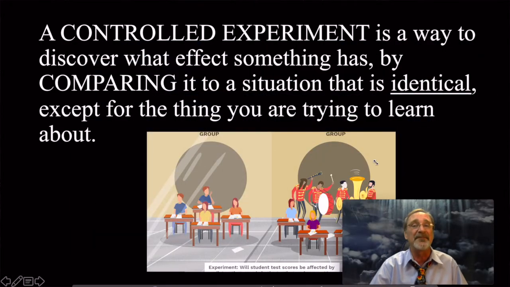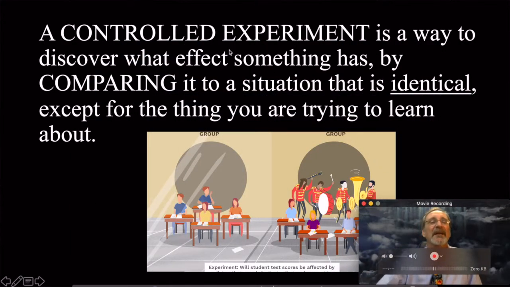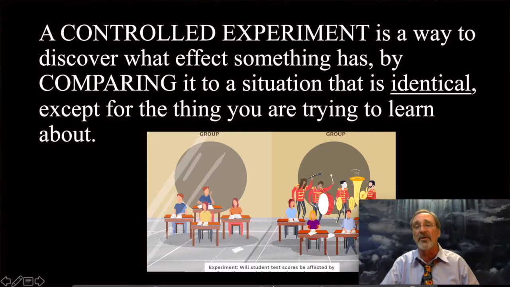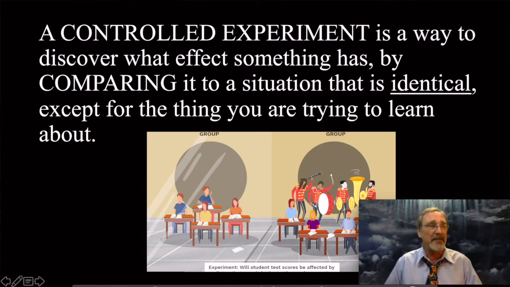Controlled experiment, here's how I want to describe it at this point. A controlled experiment is a way to discover what effect something has, like the effect of fertilizer on plant growth, a pain remedy on a headache, or sugar on weight gain, by comparing it to a situation that is identical, except for the thing you're trying to learn about.